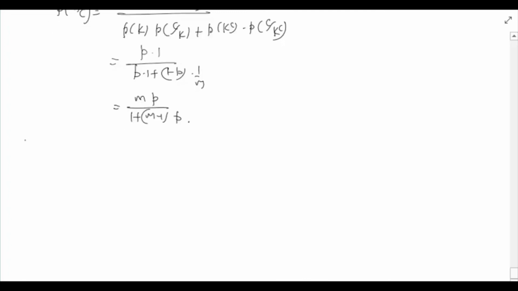Before we end this lecture, let us see a few results on counting. These results will be quite useful in computing probabilities. The first one is on permutations of n objects.